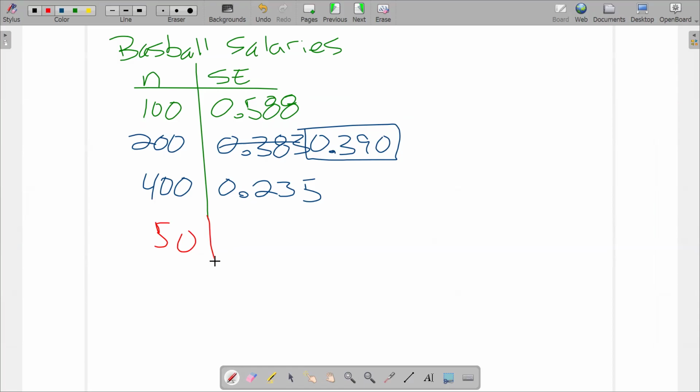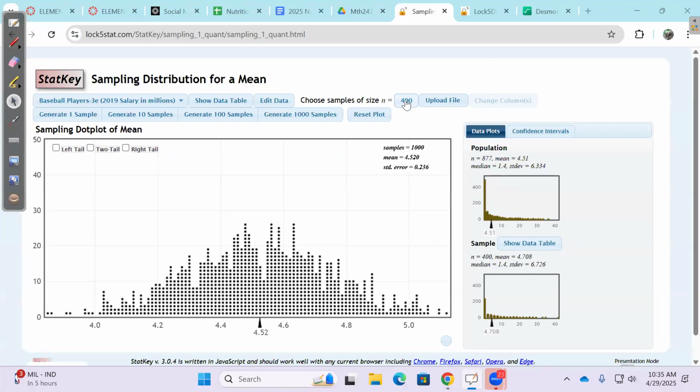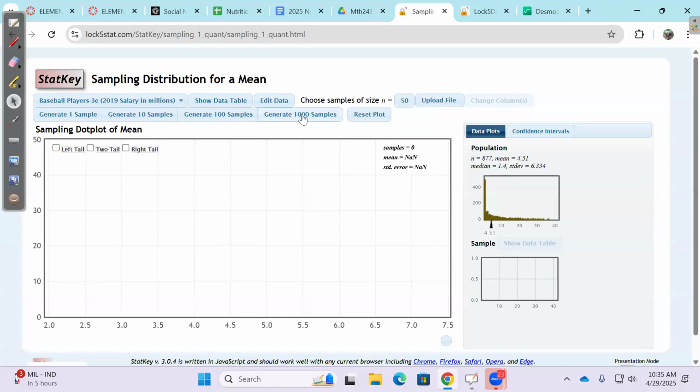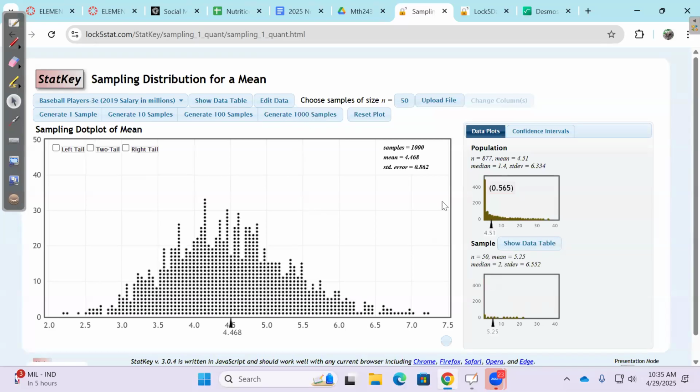Some people online are saying, yeah, it seems like the bigger the sample size, the smaller the standard error. So if I go the other way, the smaller the sample size, the bigger the standard error. Let's ask StatKey what happens when we try that. So we're going to drop the sample size down to 50, and do 1,000 samples of size 50 from that population. Here we're getting a standard error of 0.86.